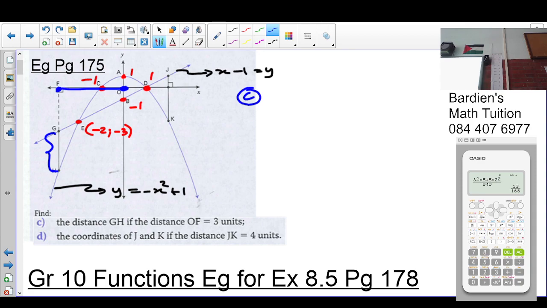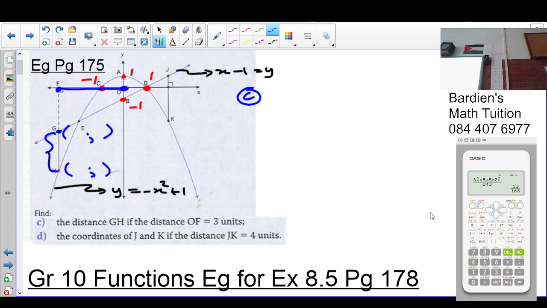Does G lie on the graph of the parabola or the graph of the straight line? Straight line. Okay. What is your x value on G?